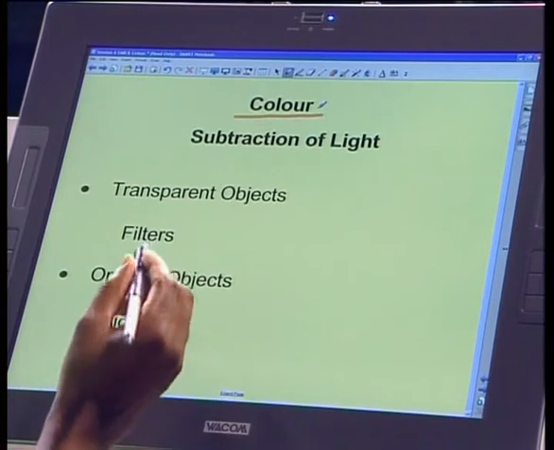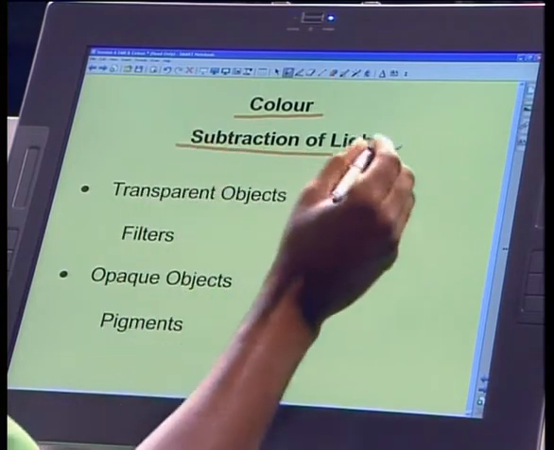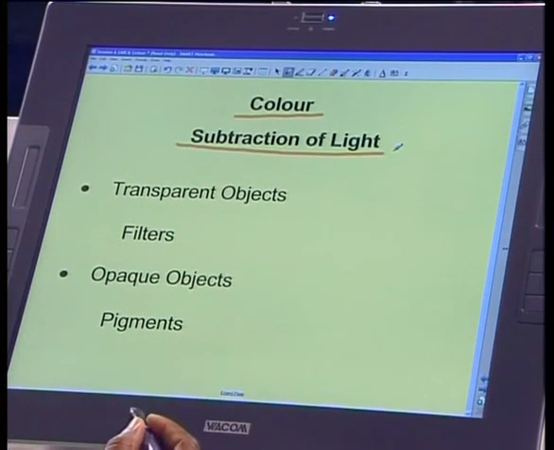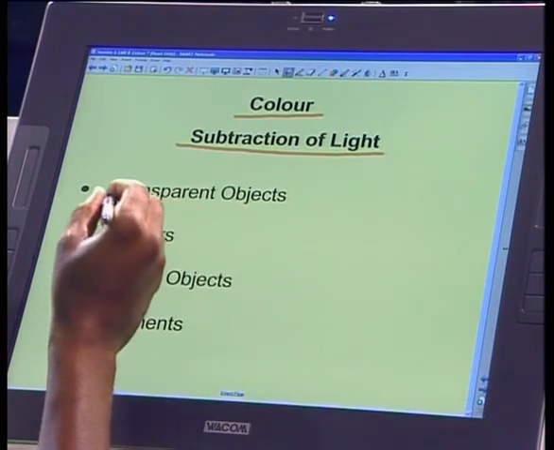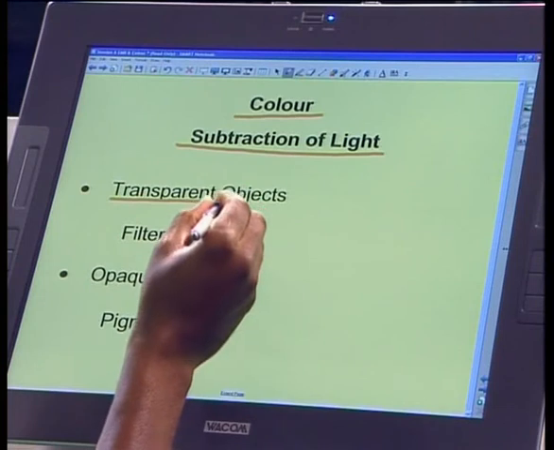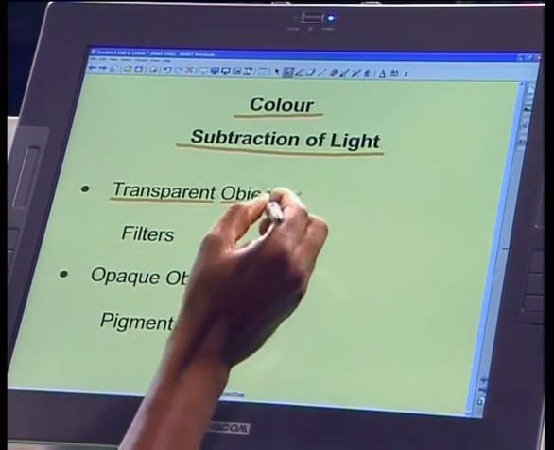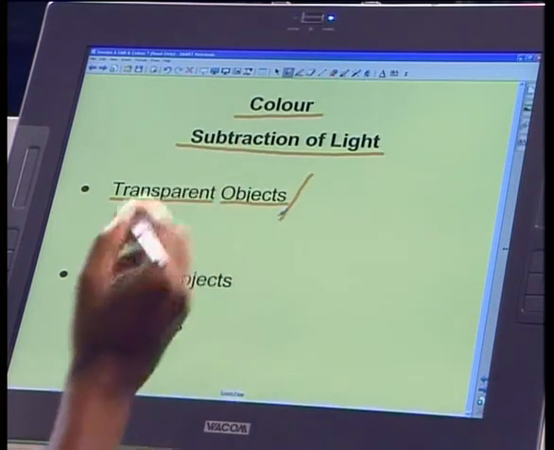Now, let's move on to something called subtraction of color, or subtraction of light. It is, of course, around color. Now, how do you subtract light? In life, we have what we call transparent objects. Now, what are transparent objects?